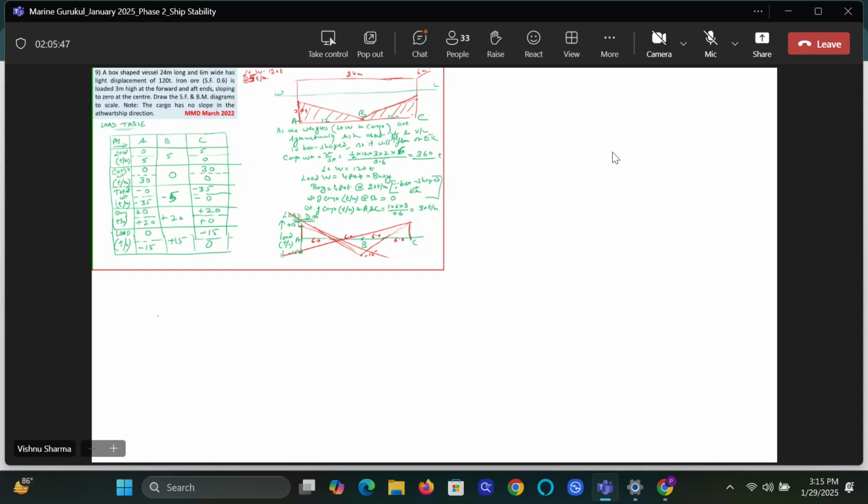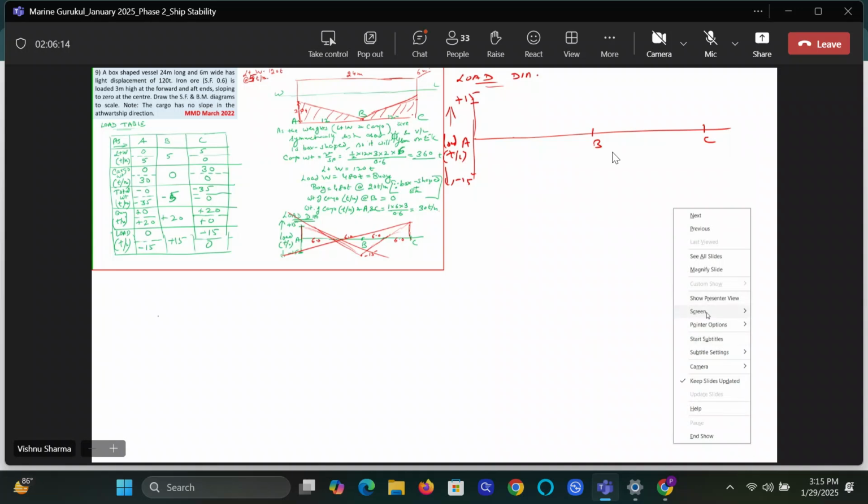I'll make the load diagram here again. A, B, C. Then we have 0 to -15.